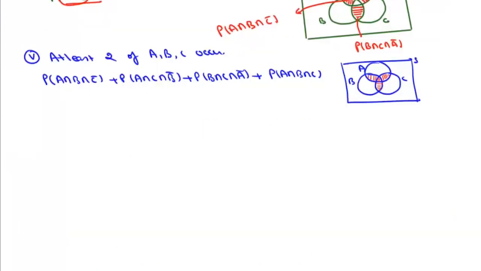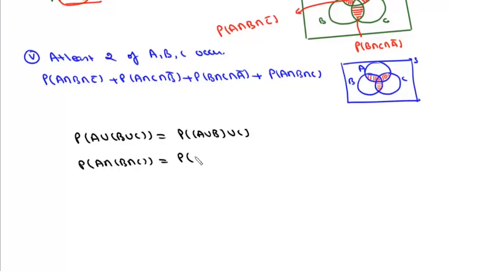Now for three events A, B and C, we know union is associative. So probability of A union B union C, it is same as probability of A union B union C. In the same way, intersection is also associative. So A intersection B intersection C is same as probability of A intersection B intersection C. Now union and intersection, they also follow distributive law.